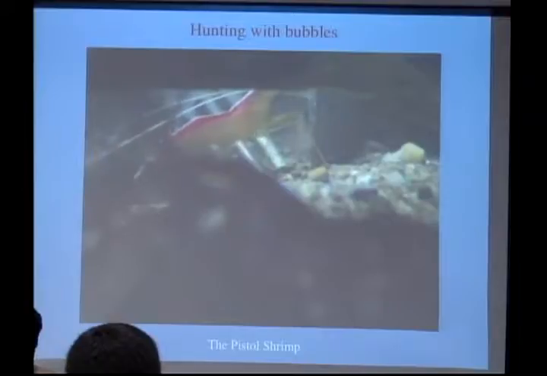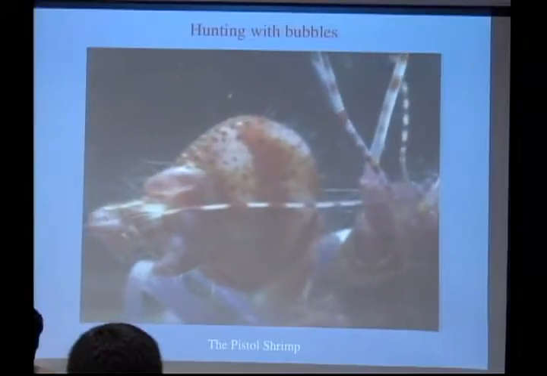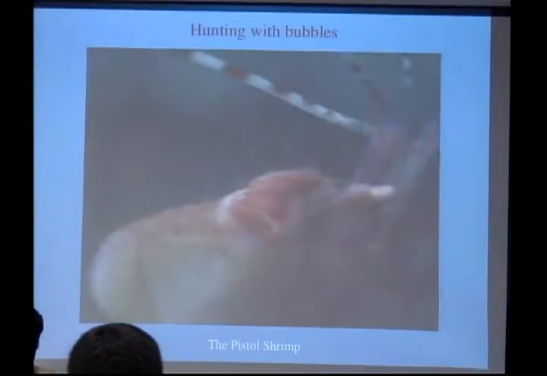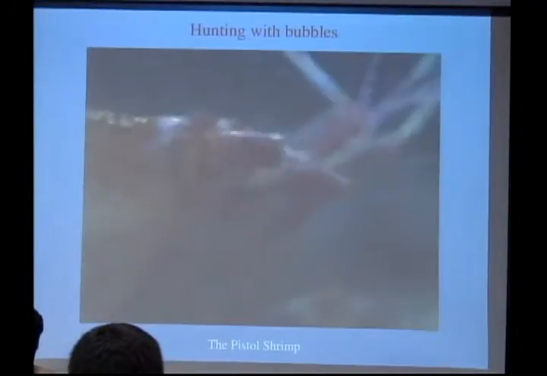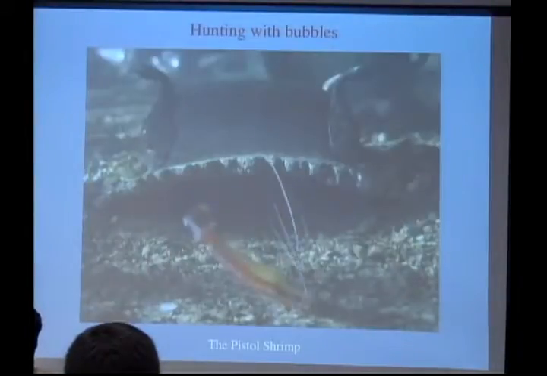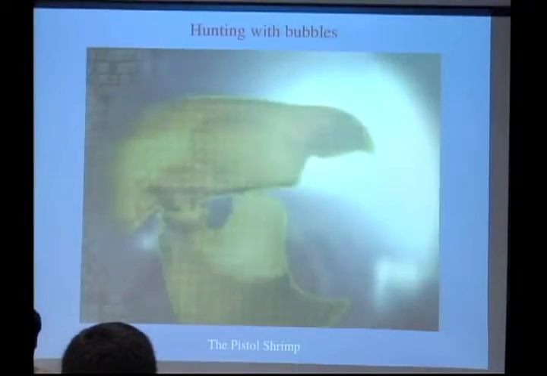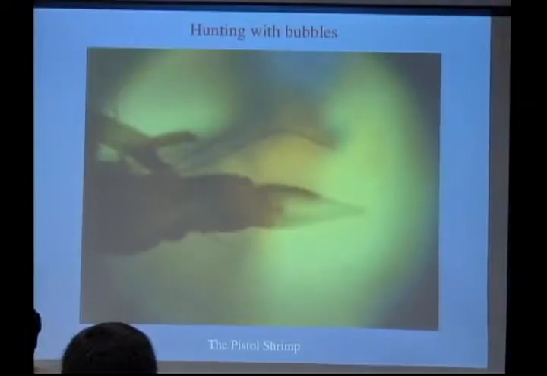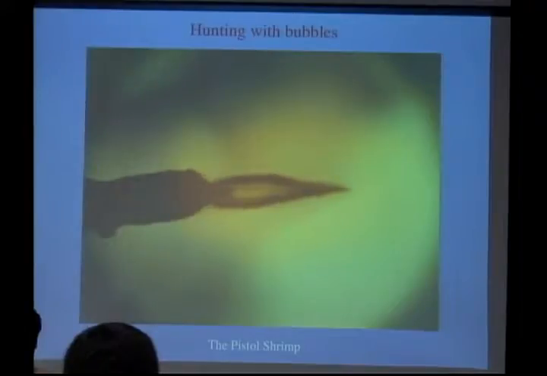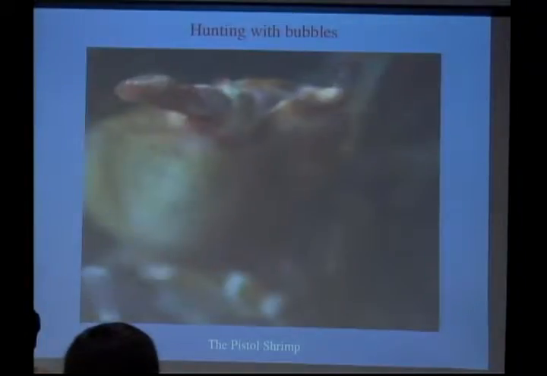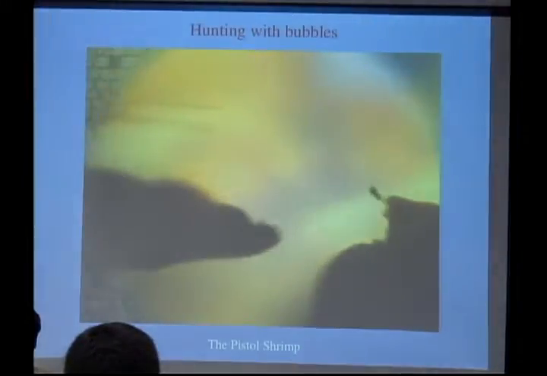It deals a knockout blow from a distance by using its claw as a sonic weapon. First, its claw is cocked like a pistol. Then fired. The effect is literally stunning. As the claw is shut, it fires a blast of bubbles. Incredibly, as the bubbles collapse, they momentarily reach the temperature of the sun. This implosion causes a shock wave that stuns.